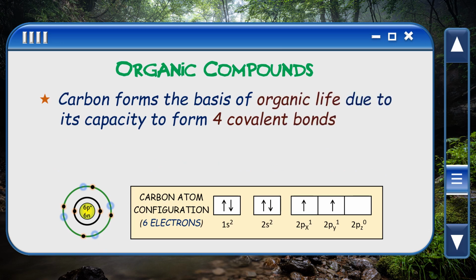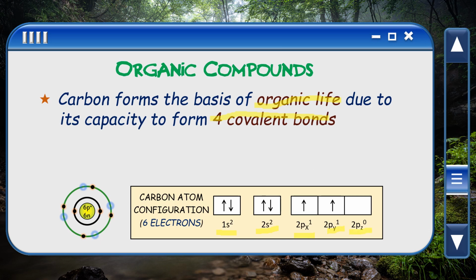Carbon forms organic life. Why? Because it has the capacity to form 4 covalent bonds. When you look at the electron configuration of carbon, it has the 1s filled with 2 electrons, 2s with 2 electrons, 2px, 1 electron, 2py, 1 electron, and 2pz with no electrons.